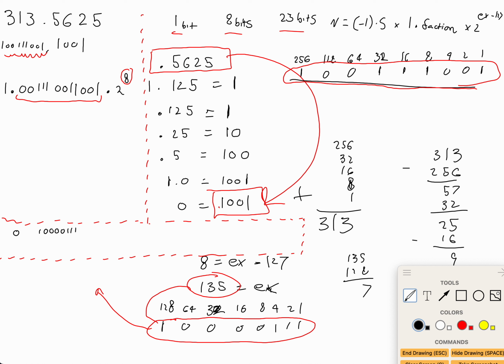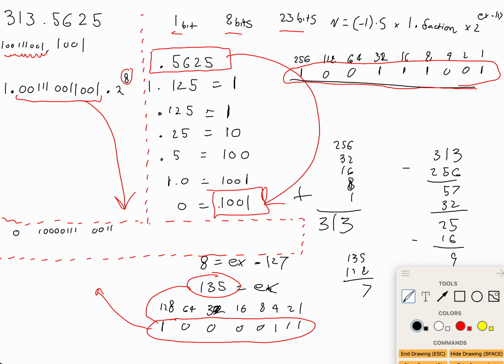And then it's going to be our fractional component coming in third. So that's going to be 0, 0, 1, 1, 1, 0, 0, 1, 1, 0, 0, 1. And that is going to be our final IEEE number, where we have the sign, the exponent, and the fractional component. And I'm putting the spacing there for convenience, but this is just a single 32-bit bit string that gets saved. And that's it. We're done.